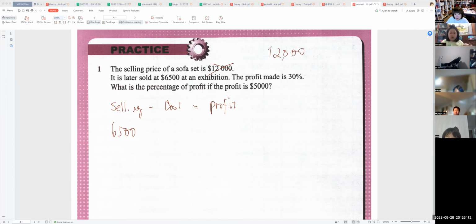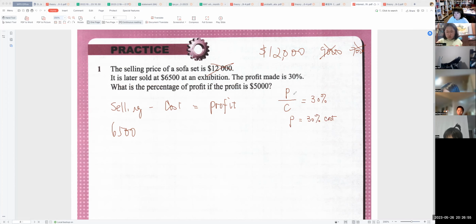12000块钱一套沙发，没有人买的好不好？然后就降价到9000，然后呢，降价到7000，最后6500成交。Okay, so the selling price is 6,500 and the profit made is 30%. 那老师问你们，这个 profit made 是不是等于 profit divided by cost equals 30%？对不对？那我们知不知道 profit？不知道，对不对？我们知不知道 cost？不知道。But we know the profit is exactly 30% of the cost.